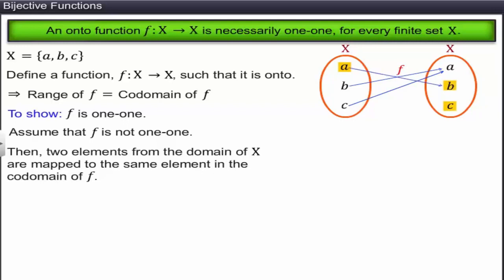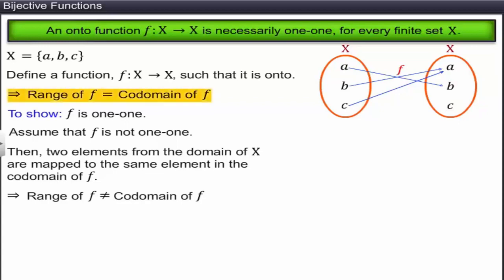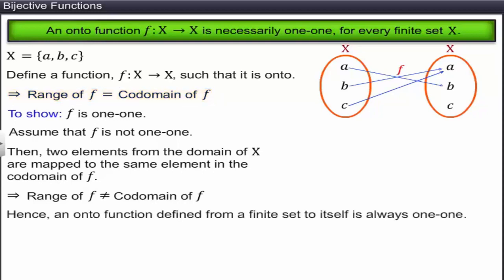Let a be mapped to b. This shows that the range of the function is not equal to the codomain of f. This is a contradiction to the fact that the range and the codomain of f are equal. Hence, an onto function defined from a finite set to itself is always 1-1.